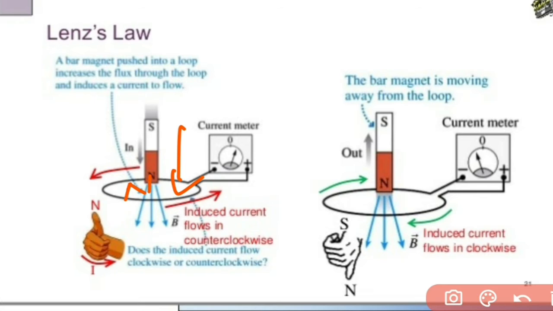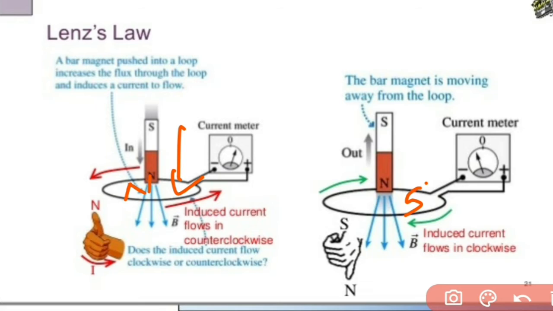In the second case, when the north pole is taken out, it is going away. So the induced current should oppose that change. It should attract, that means the magnetic field produced in the wire should attract the bar magnet. To attract, the polarity produced on the upper side of the wire loop should be south.